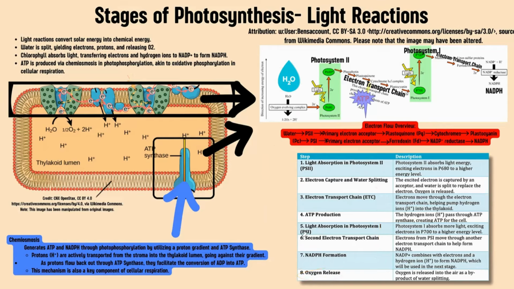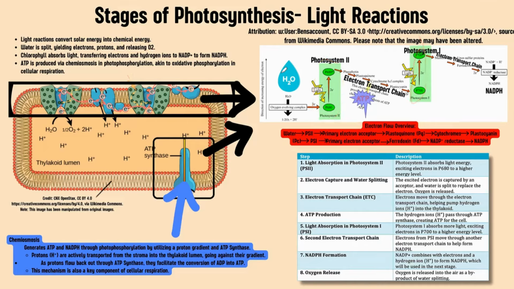Either way, you know that light simultaneously hitting with water is going to trigger these steps here. And also remember the goal is to release O2. Chlorophyll is what is absorbing the light. For photosystem 2, it's happening at P680 and then at P700 for photosystem 1.